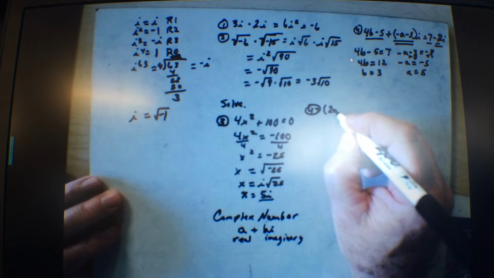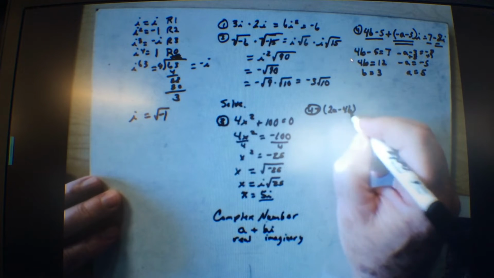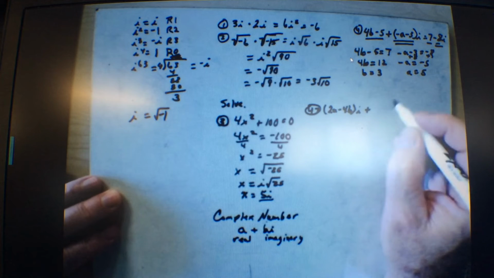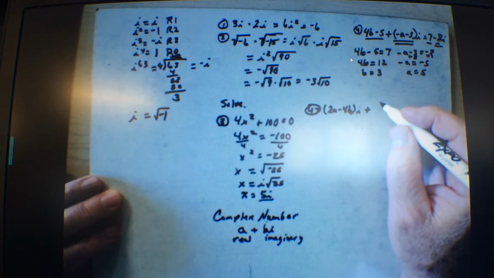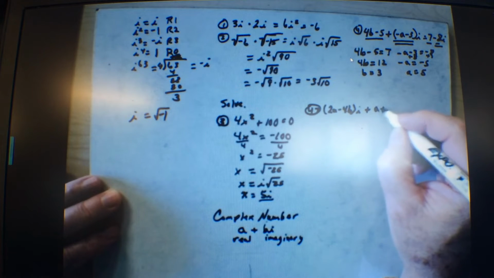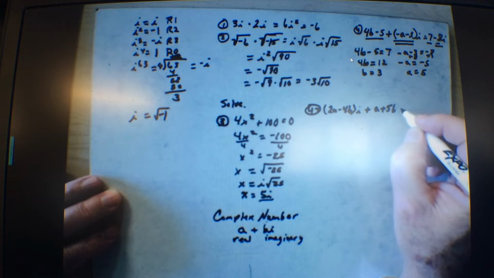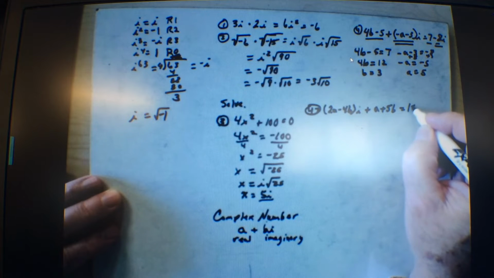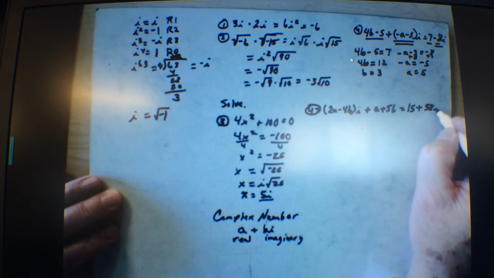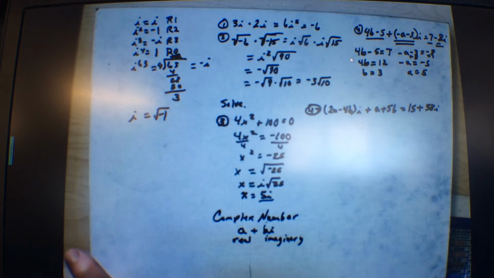Let's say we have 2a minus 4b plus a plus 5b equals 15 plus 58i.